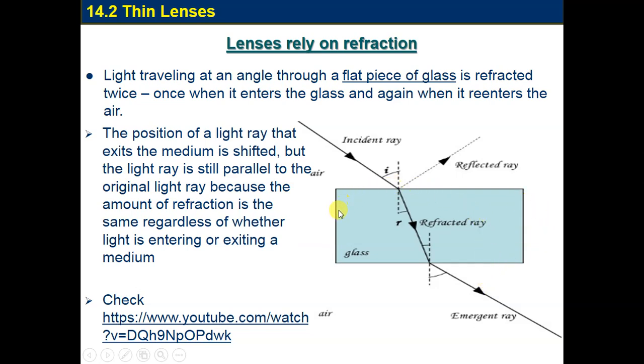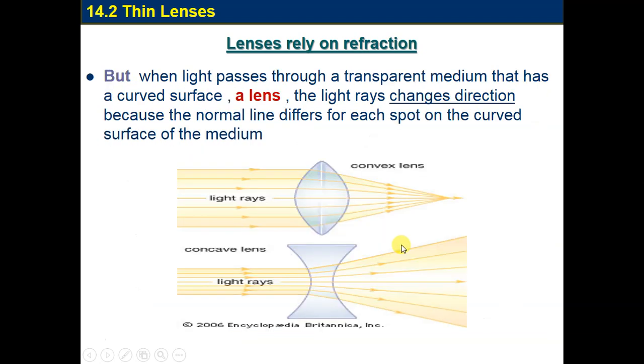In the flat piece of glass, we said that the emergent ray has the same direction as the incident ray, they are parallel to each other, it's just shifted. But here, no. The rays that exit the glass don't have the same direction as the rays that enter the glass, because our glass now is curved.